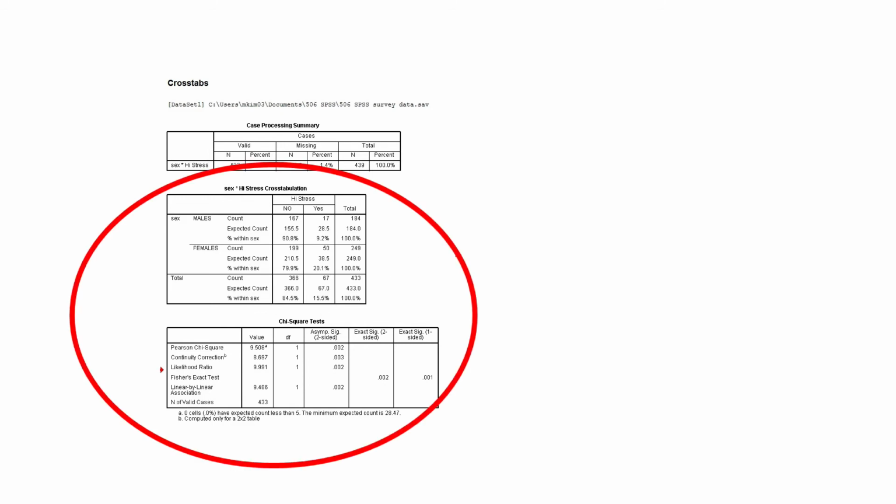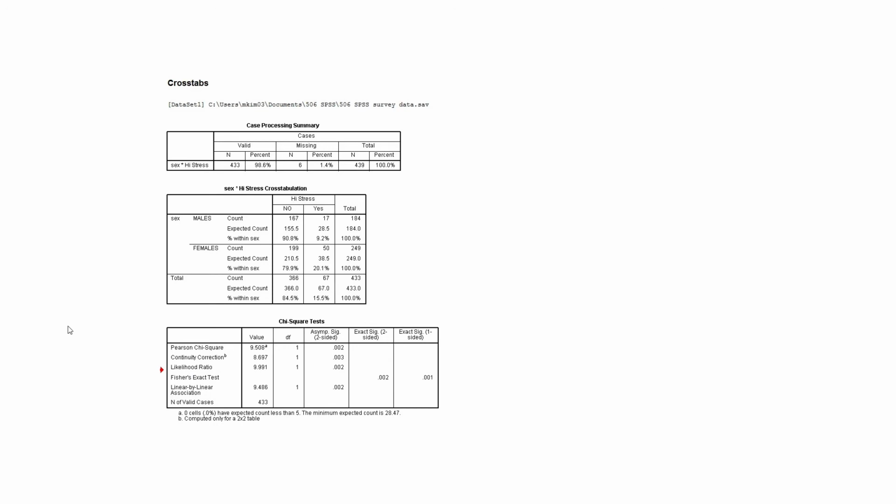This table shows how many cases in my sample data were used to run the analysis below. So these are the outputs of the analysis I ran. And this summary shows that 433 cases were valid to run the analysis.